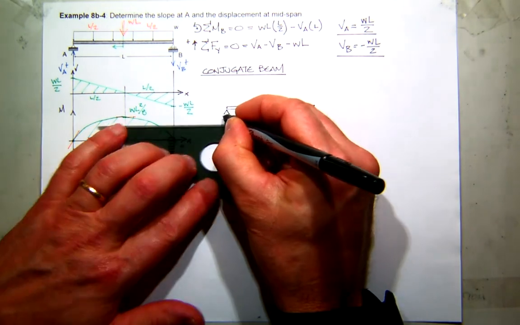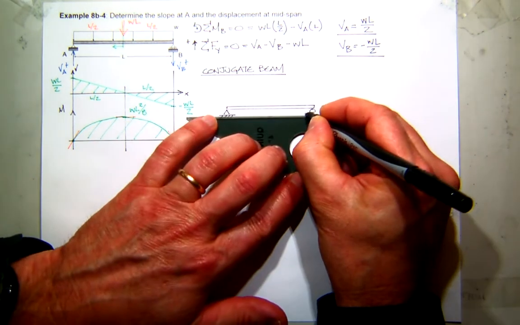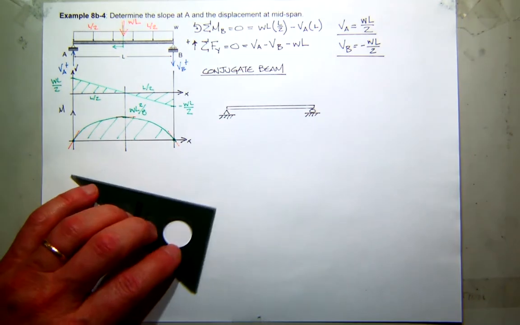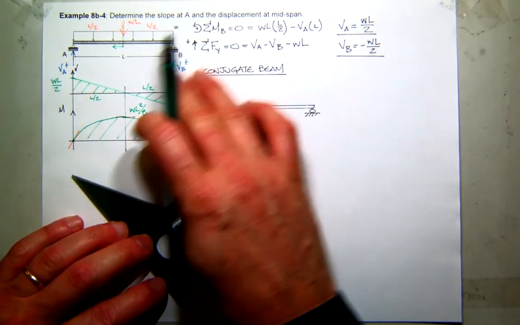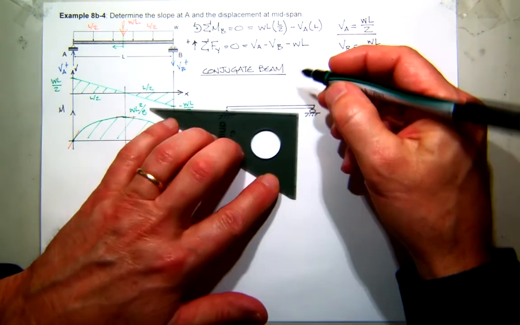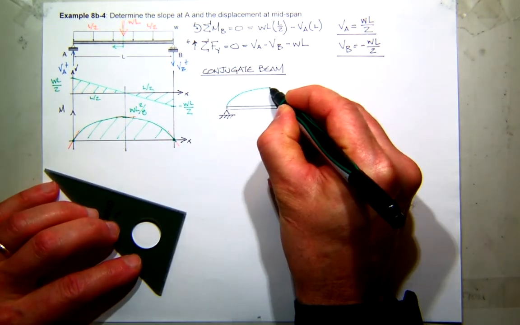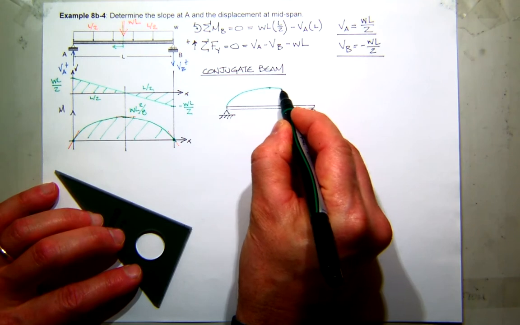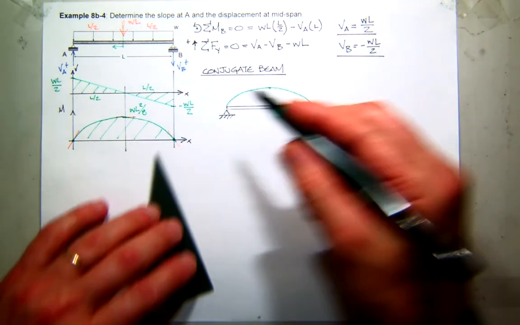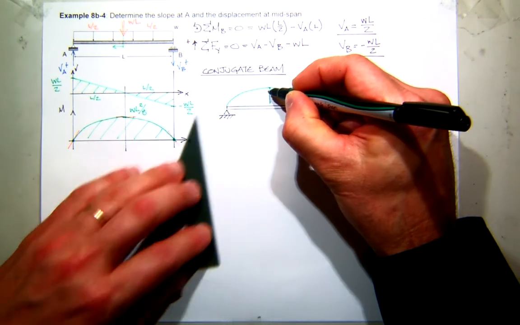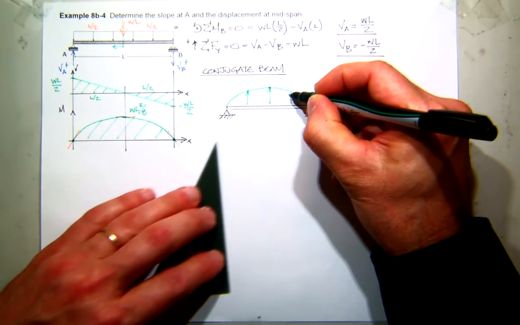So there's a pin, and there's a roller. And on that, I'm going to pick up this moment diagram and plop it right on there. So it's going to look something like this. It's all positive moments, so this will be positive load. And you'll get a load that looks something like this.